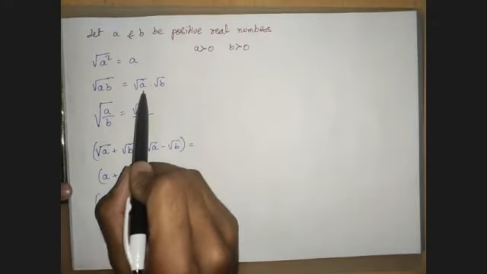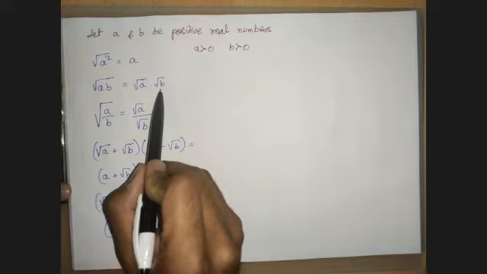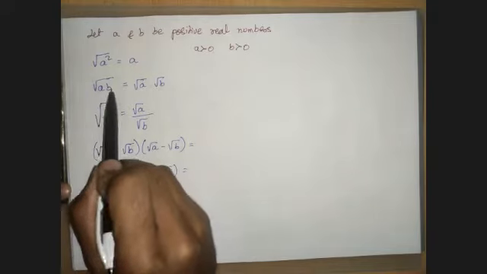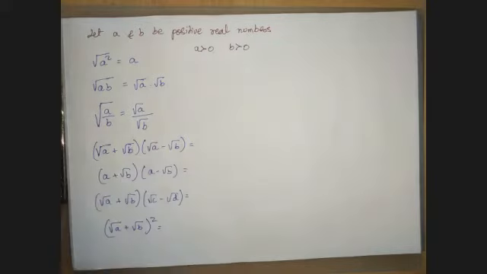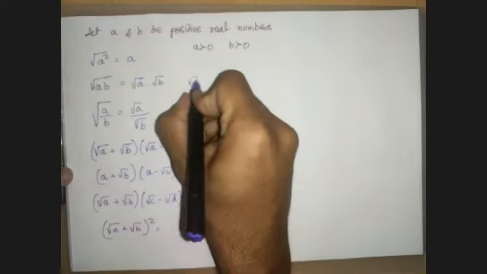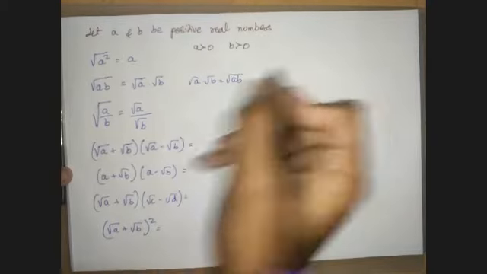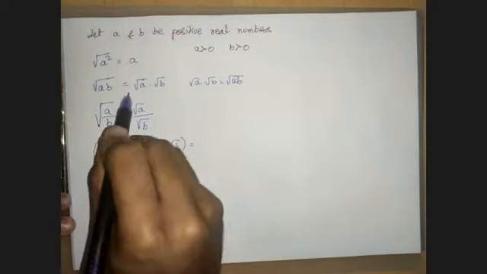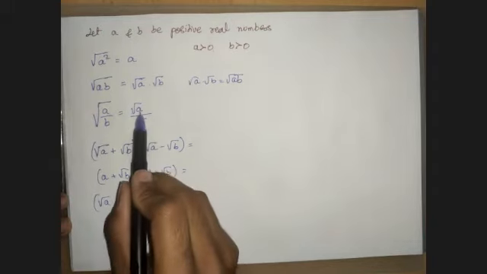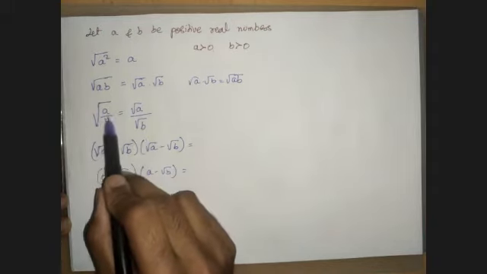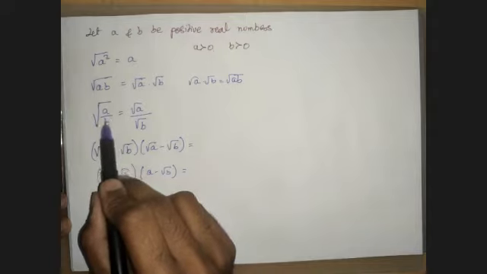Root a into root b gives me root ab. Root ab is root a into root b. We have seen this earlier. Root a divided by root b can also be written as whole under root a by b.